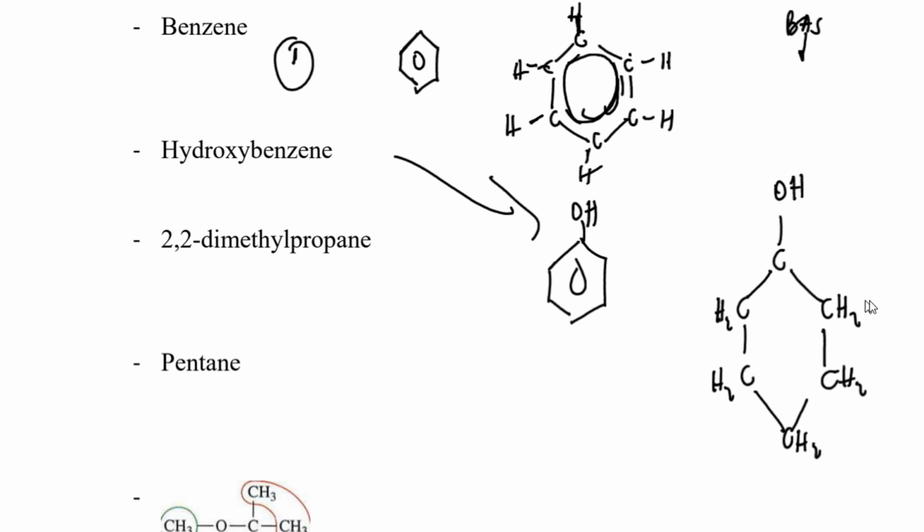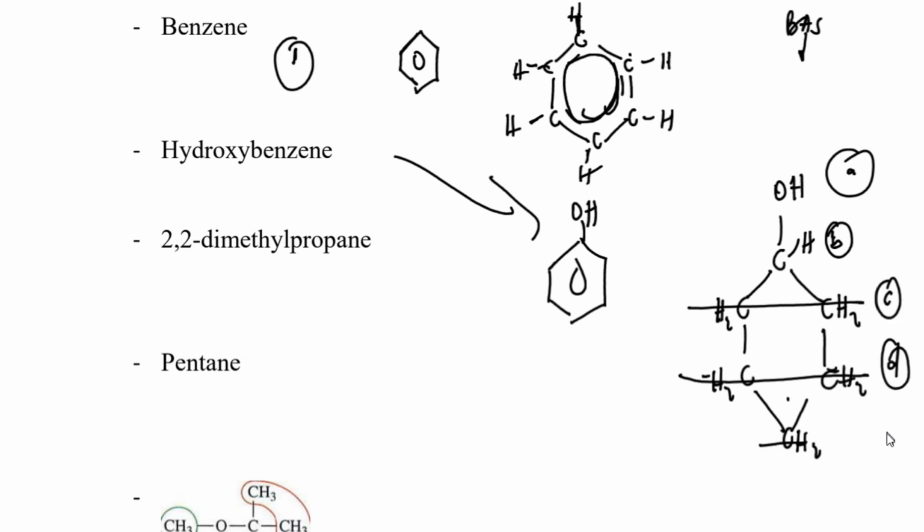All of these are protons, right? There's also a hydrogen here, so we have this to be B, another proton. Now these two protons are the same, these two protons are also the same, and this one is different. So we have this to be C, D, and E. So we have 5 magnetic environments.